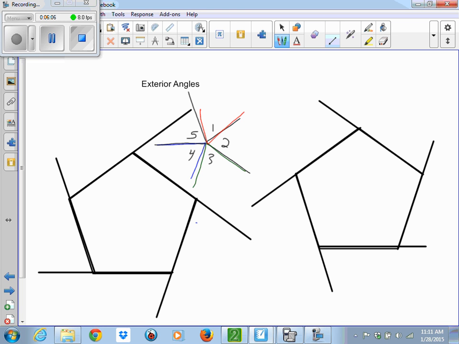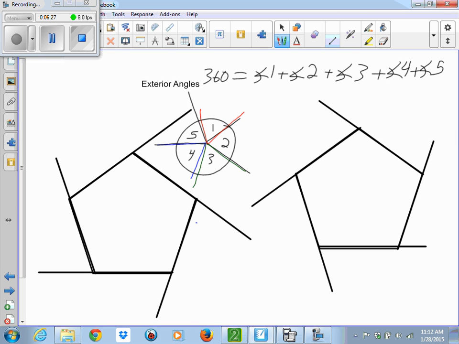Those exterior angles, whether it's a hexagon, a pentagon, a septagon, it doesn't matter, all add up to 360. So angle 1 plus angle 2 plus angle 3 plus angle 4 plus angle 5 all equal 360. And that goes for any shape. So the two things you need to know are that the exterior angles add up to 360, and the interior angles sum to n minus 2 times 180. Again, n minus 2 is the number of triangles inside, and 180 is the 180 degrees in every triangle.